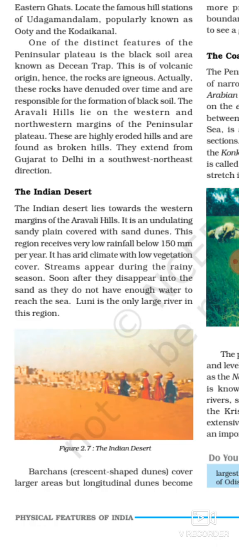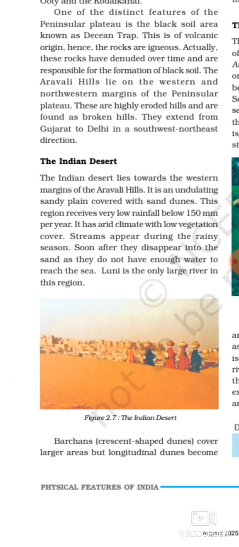During the rainy season, some streams originate, but in the summers or winters, the streams disappear. The Luni is the only river found in this region.